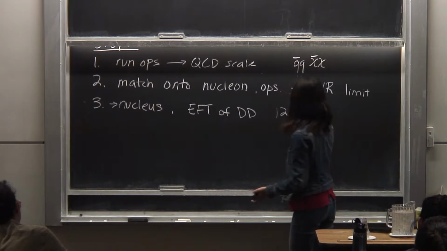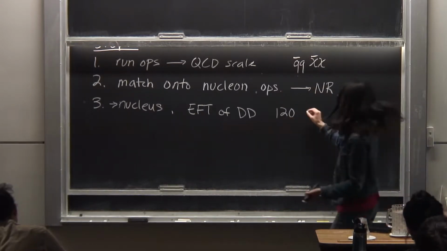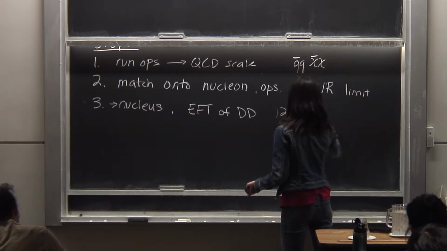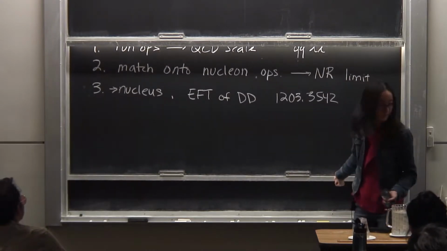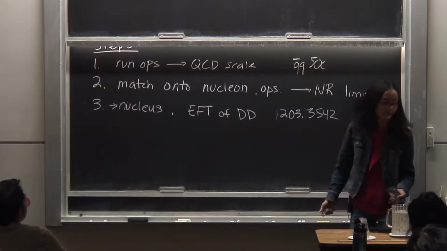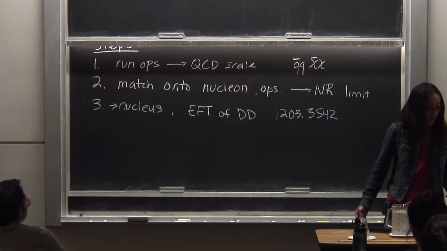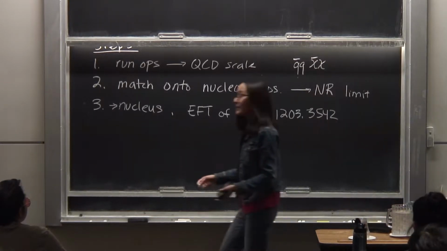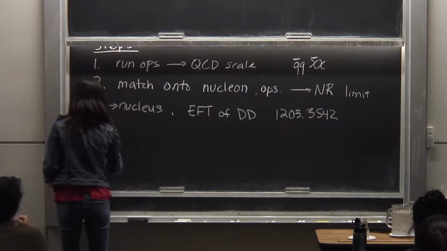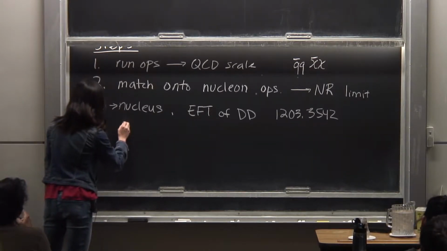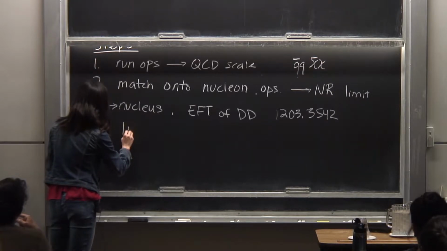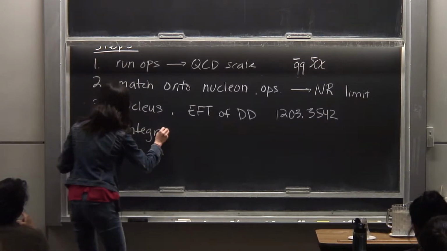I'll just write the main one. And then we do all this for fixed dark matter velocity, and now we need to account for the dark matter velocity distribution.